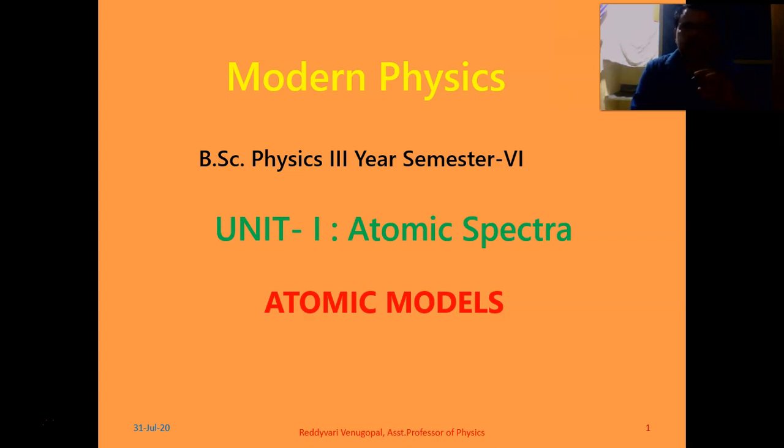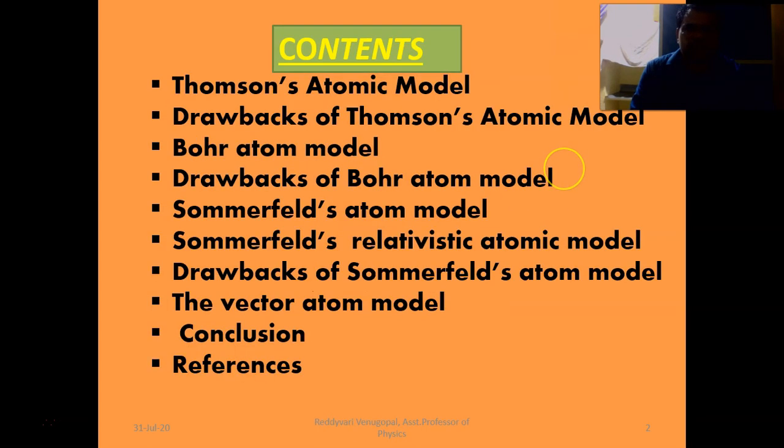That is called the Rutherford atomic model. This is the very basic model of the atom, but it has so many limitations because it has so many failures. The next atomic model is Bohr's atomic model, but we will go one by one.